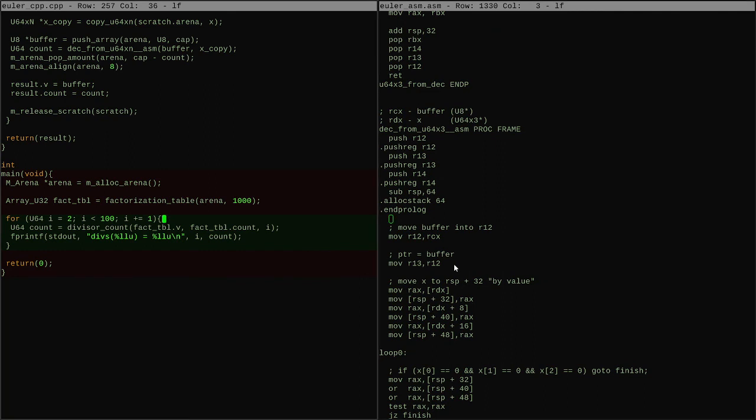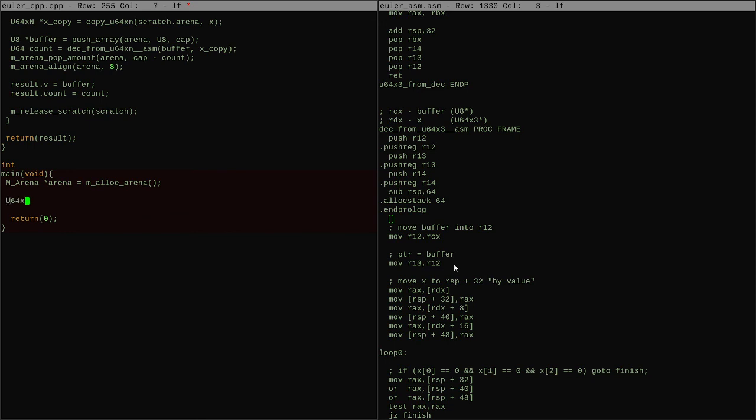Dec from U64 by 3. So we want a, let's clear this out. U64 by 3, X. Let's ask for the number. Well, let's start with million, thousand, million, billion, trillion. That's 1, 2, 3, 4, 5, 6. 12 total zeros. Boom, boom.